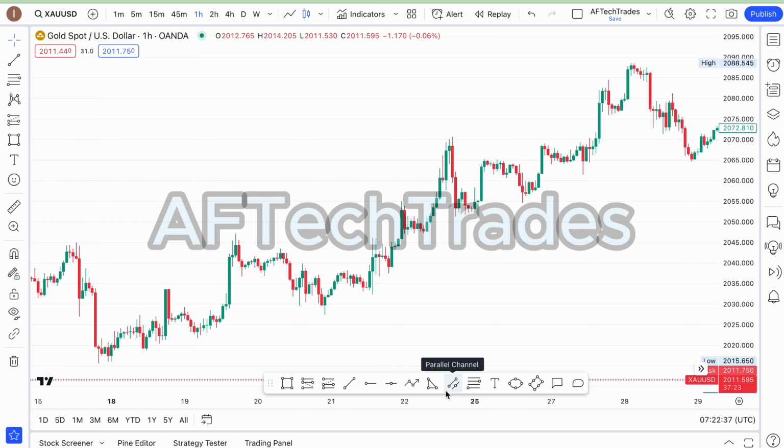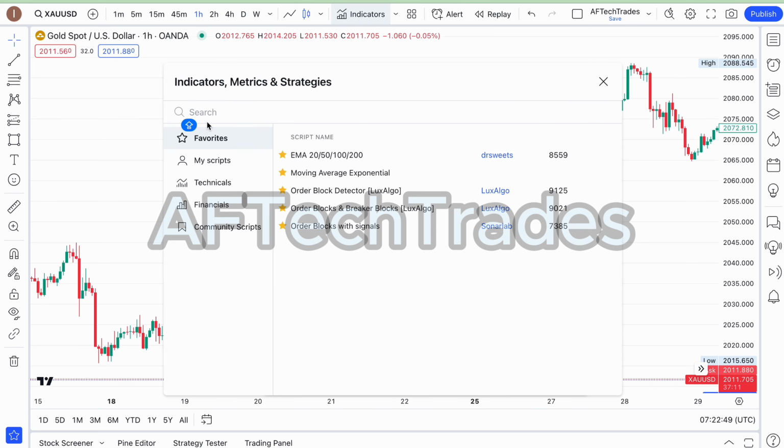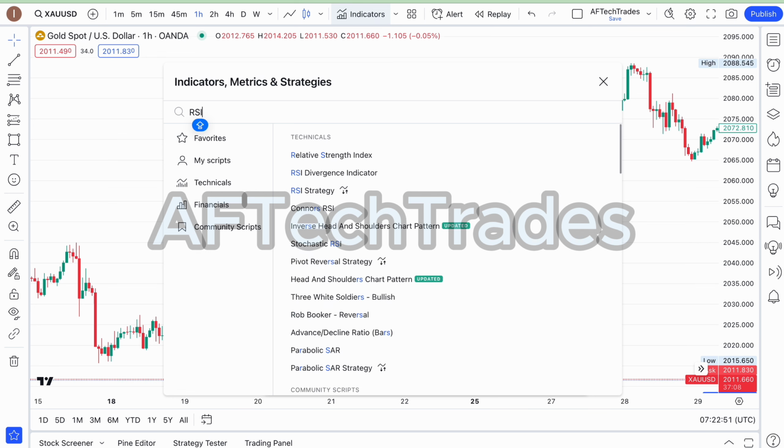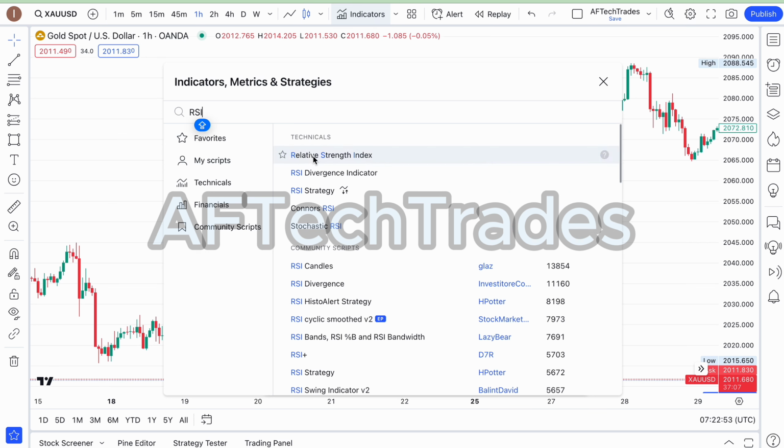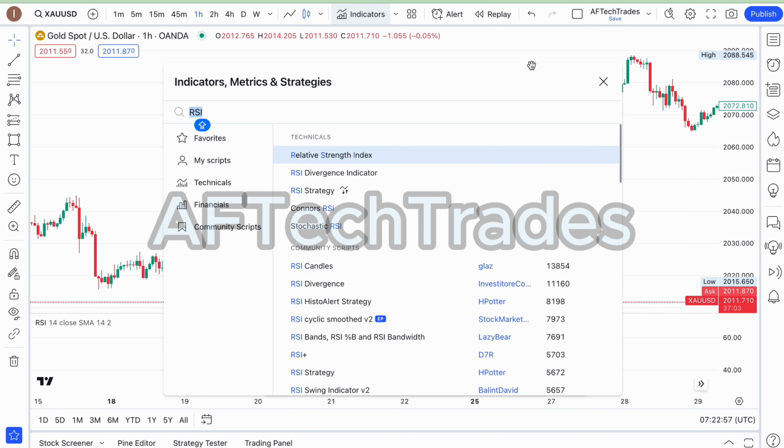So in case you want to add another method of identifying your ranging market, and maybe you don't want to use the EMA, or you want to combine both, you can just go to your indicator and search RSI, which is the relative strength index. You add it once.